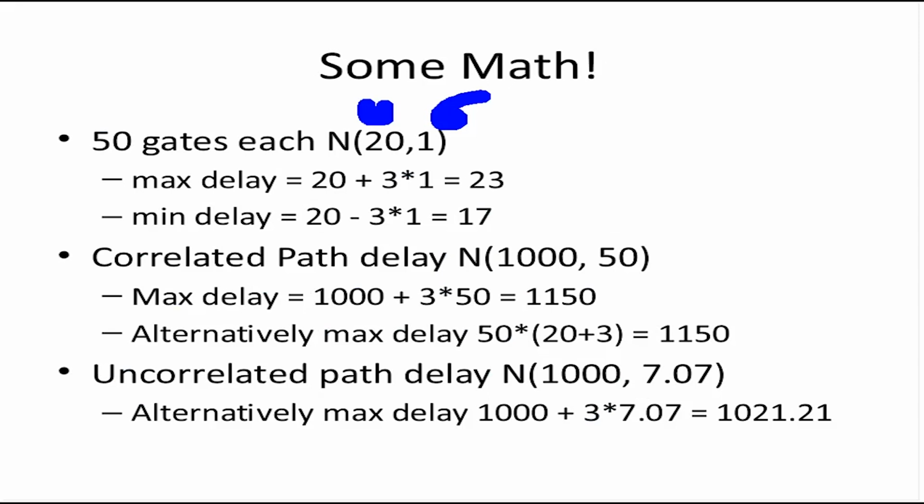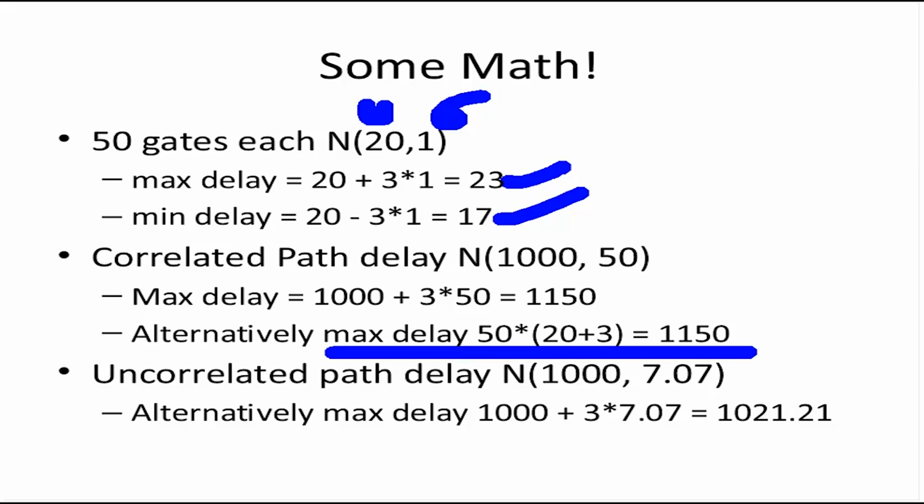If they are perfectly correlated, then this is for every gate. Each gate will have a max delay of 23 and a min delay of 17. If all the gate delays are perfectly correlated, which is what is assumed by the OCV method, all of them will show the worst case value for the max path. That means the total max path delay for 50 gates would be 50 into 23.